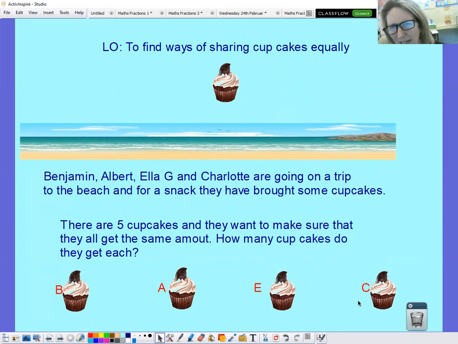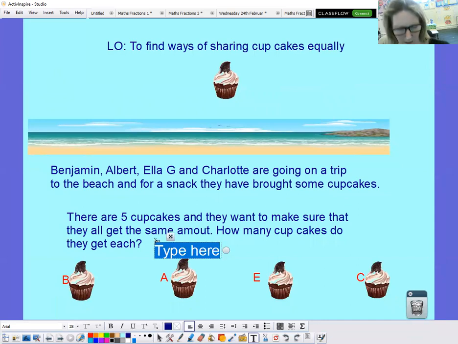Year 2, how many equal pieces or equal parts do we need to share the cupcake into, if there are 4 children and they all want the same amount? Well done. We need to share the cupcake into 4 parts, don't we? So each child gets 1 whole cupcake and then they get 1/4, because we've shared it into 4 equal parts. In this case, each child gets 1 cupcake and 1/4.